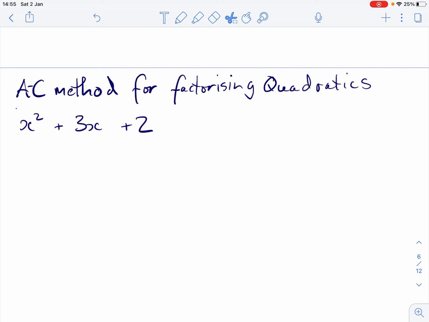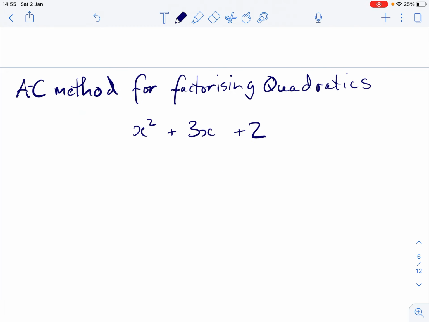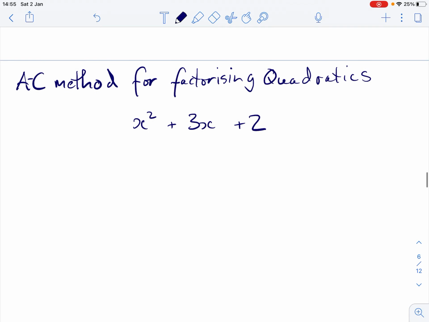Our first step with this method is to say, well, can I rewrite the x term, so this plus 3x, with two factors of the constant at the end? Can I rewrite this as two factors of this? I've chosen this as an example for the first one because it's fairly straightforward. Our factors of 2 are either 1 and 2, or they could be minus 1 and minus 2.